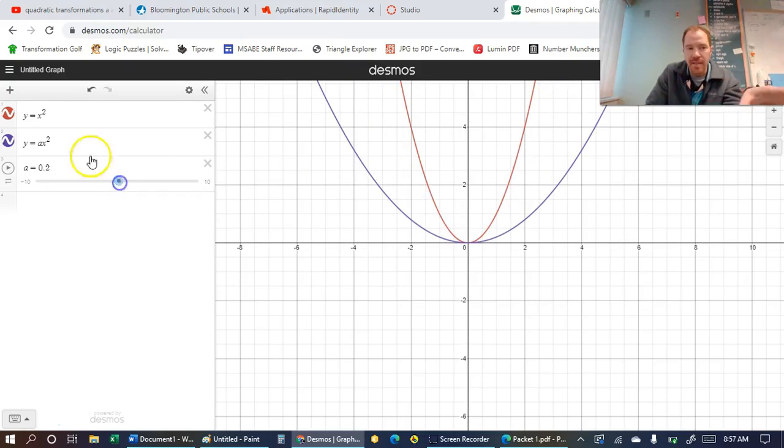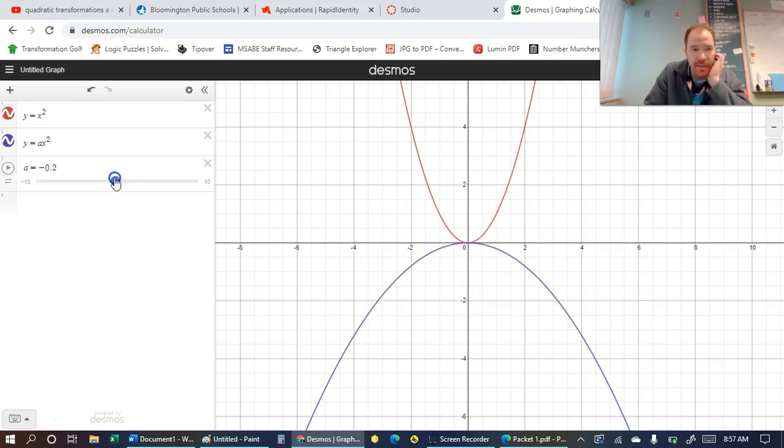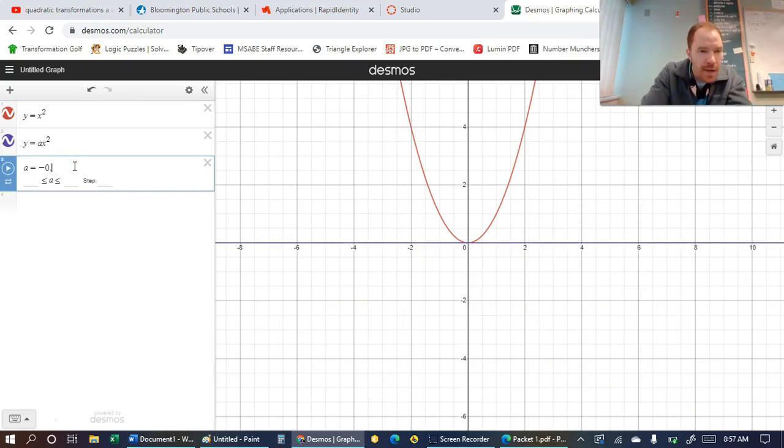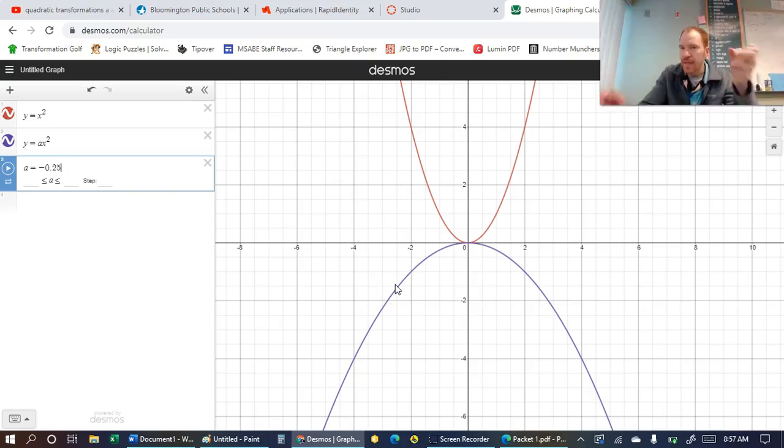As you can see, as it's getting smaller, a is now 0.2. The parabola gets wider. Making it negative just flips it. I can't get exactly, well, maybe I can type in, but 1/4 is 0.25. But there you go. I think you can tell that's wider. So there's a few problems practicing with transforming those parabolas. I hope that was good for you.